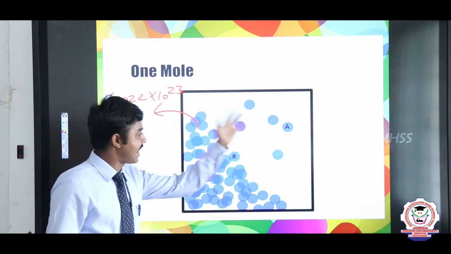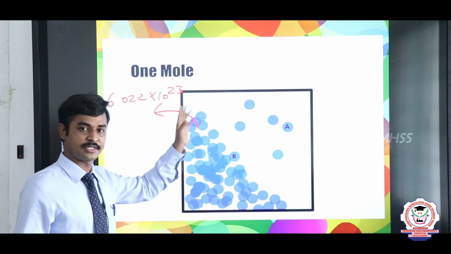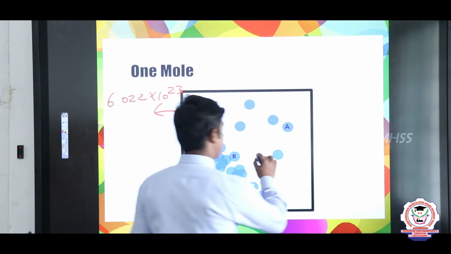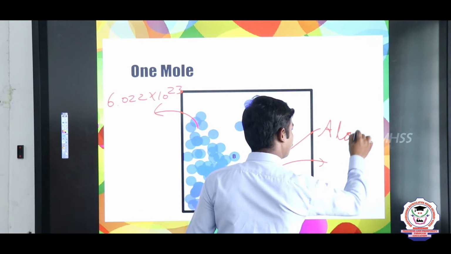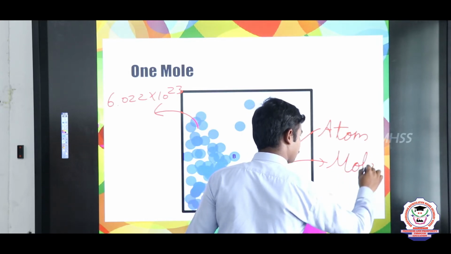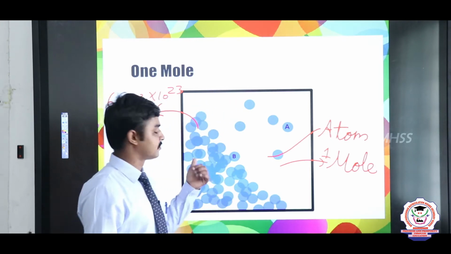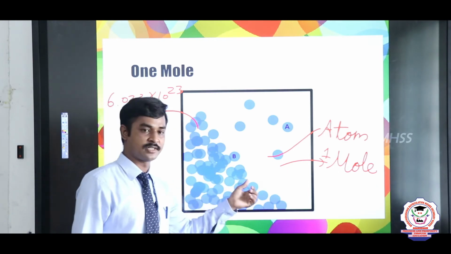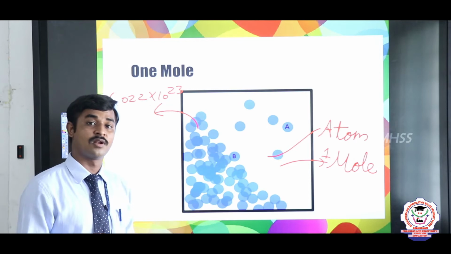One mole of atoms in a container must have 6.022 into 10 to the power 23 particles, and it is the same for molecules. Molecules also contain 6.022 into 10 to the power 23 particles in 1 mole. So, that is the mole concept.